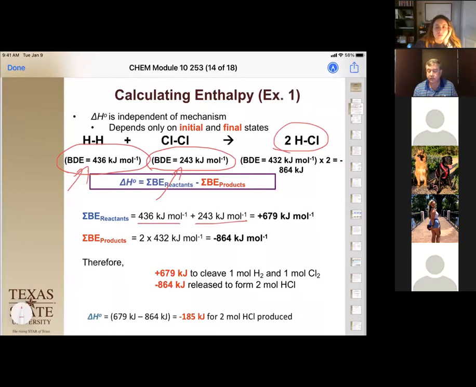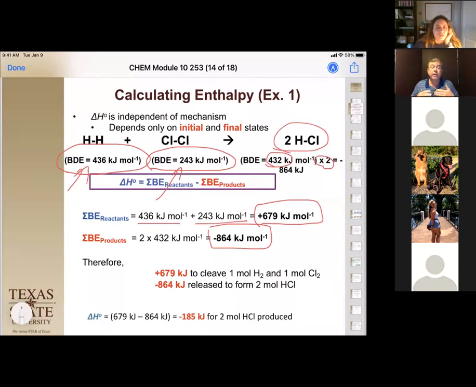That gives us a total of this many kilojoules required to break the bonds and make them into their higher energy state. Now, we can make the HCl with just 432 kilojoules per mole, but we're making 2 equivalents of it, because we had 2 hydrogens and 2 chlorines. So we have to take that number times 2, and we get this number. And again, our products are negative because we're releasing heat to form that bond.